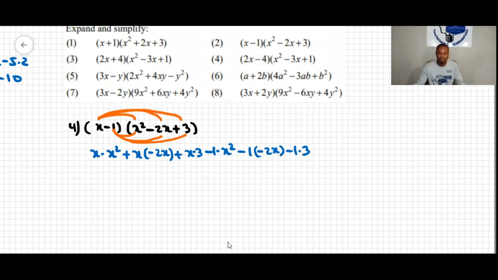Now we can work this out. x and x squared, okay, we have x here and x as a product. And so this will be x to the power of 3, and then plus, okay, positive and negative make negative, so negative 2x squared plus 3x minus x squared plus 2x minus 3.